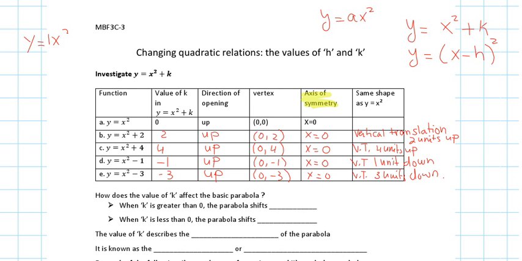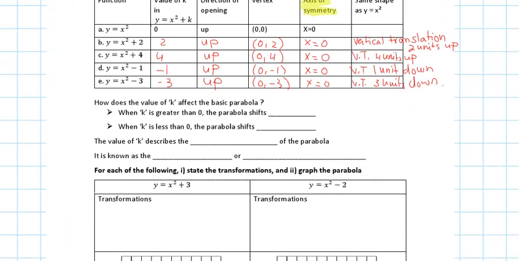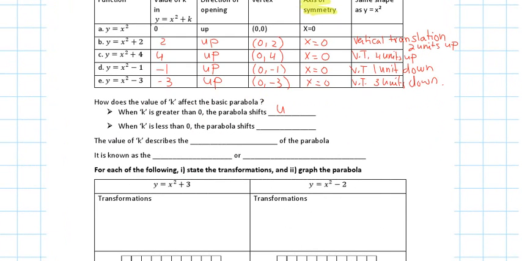So, how does the value of k affect the basic parabola? When k is greater than 0, the parabola shifts up. When k is less than 0, the parabola shifts down.